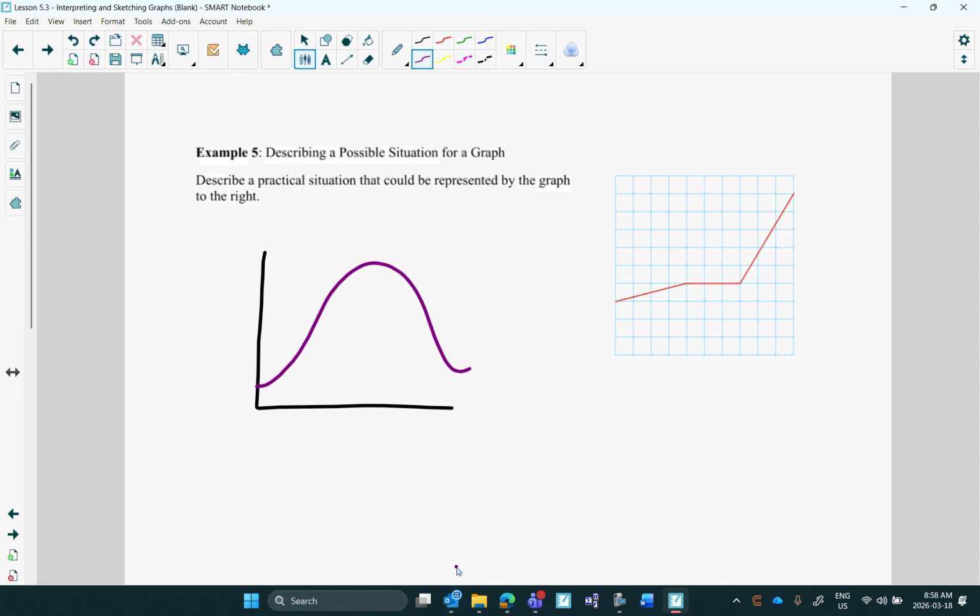What do you think? Any ideas? Nothing? And time? Time is usually a good one.